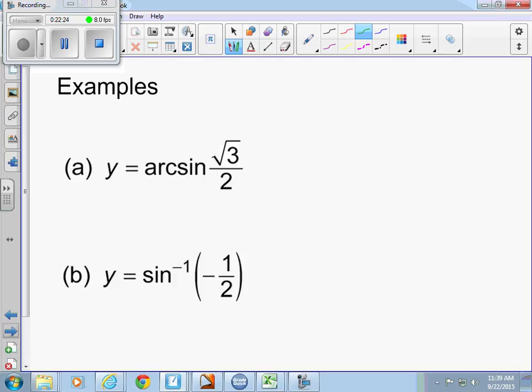There's only one answer, right? So if I want the sine inverse of radical 3 over 2, I know I'm in quadrant 1. How do I know I'm in quadrant 1? Right, it's only defined in 1 and 4, and if it's positive, it's got to be in quadrant 1.